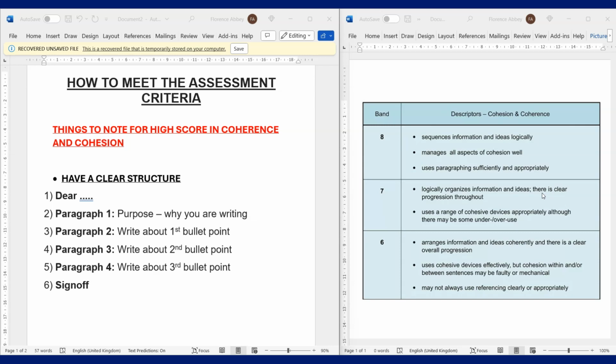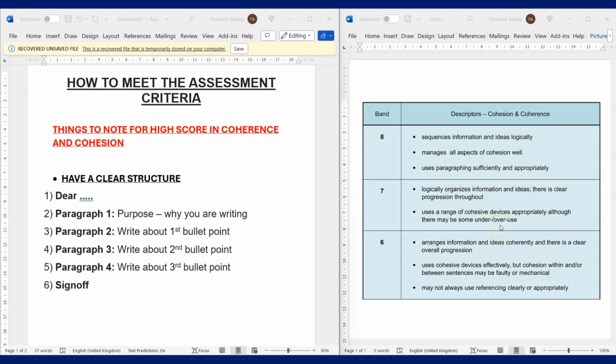The line of thought is actually building on each other until the person concludes. So it tells you that the person is progressing clearly. And the person uses a range of cohesive devices appropriately throughout, although there may be some underuse or overuse.